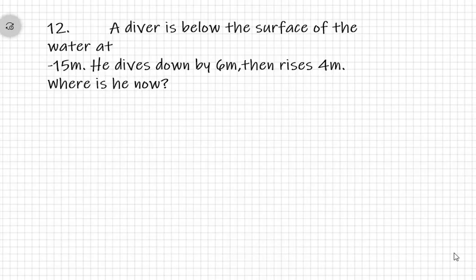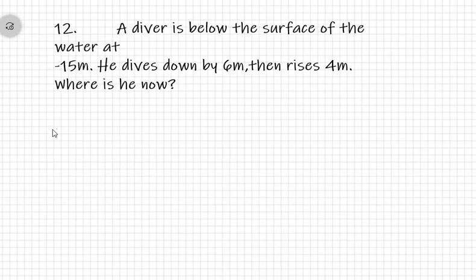So question number 12 is, a diver is below the surface of the water at minus 15 meter. He dives down by 6 meter, then rises 4 meter. Where is he now? So this is very simple. He was below the surface of the sea, so I will write minus 15 here first because he was at this level, and he dives down by 6 meter.